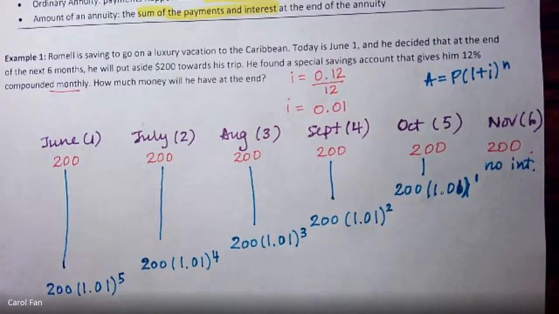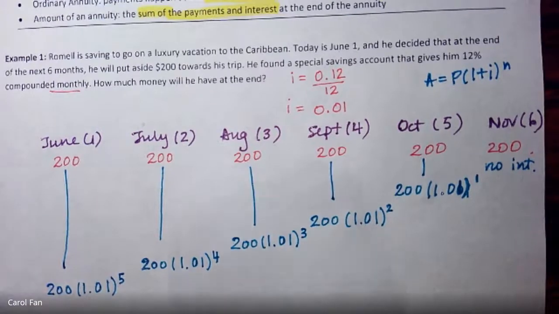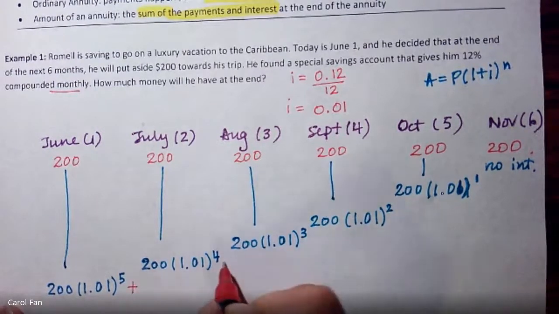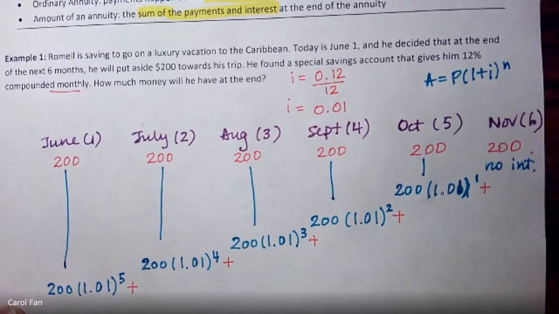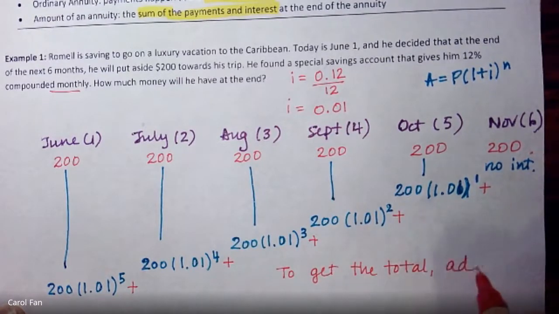So if we want to know how much money he's going to have at the end, we're going to take all of these amounts and add them up.